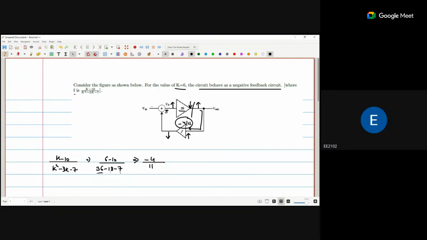Now at the output where we break the loop, we apply some positive voltage, and when the feedback comes back, it comes with a negative. That means there is a phase shift of 180, so we can say this behaves as a negative feedback.